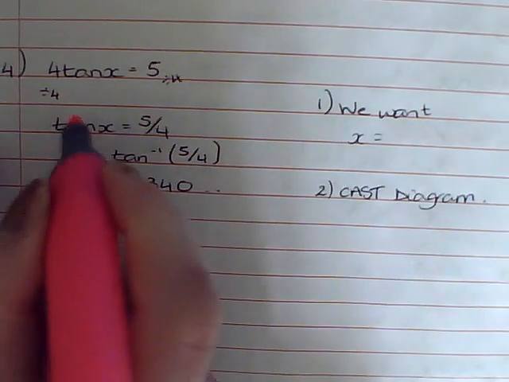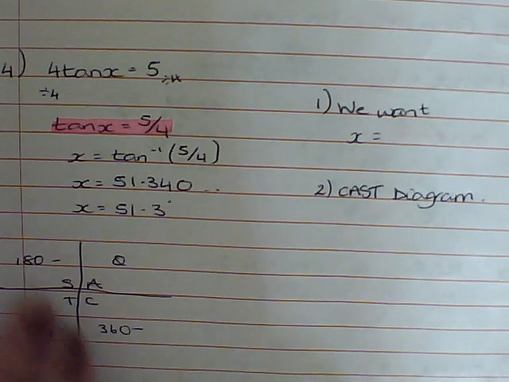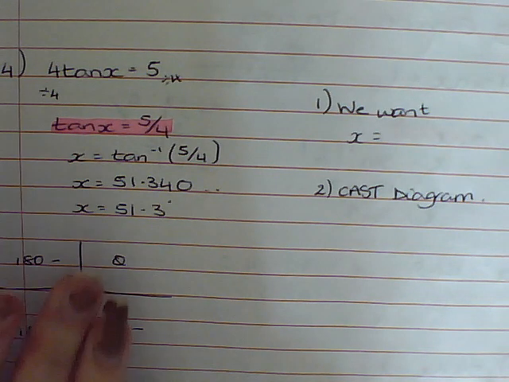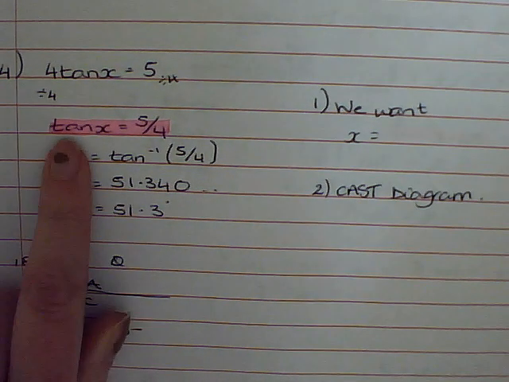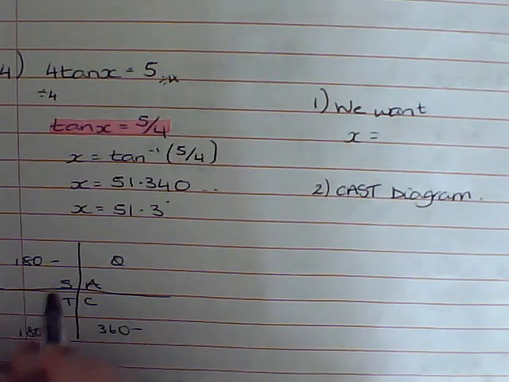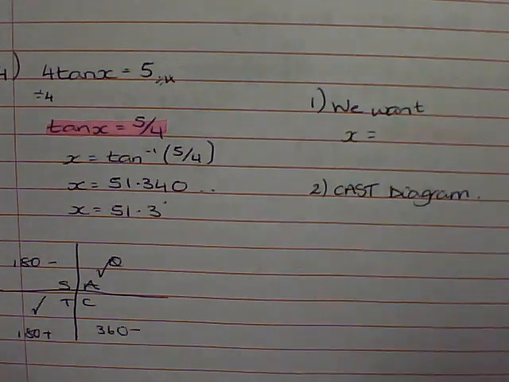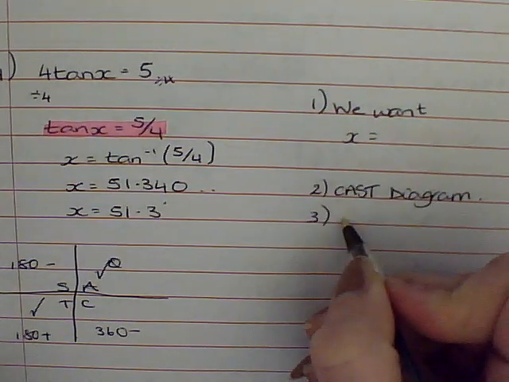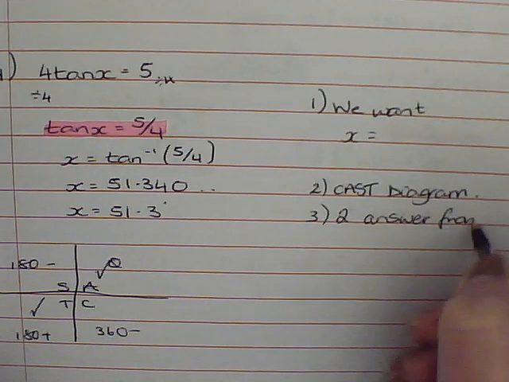This is the line here that I am going to use to let me know which part of the cast diagram that I'm going to get my two answers from. It's tan, and this value here is positive. So A for positive and T for tan. And my third step is my two answers from the cast.